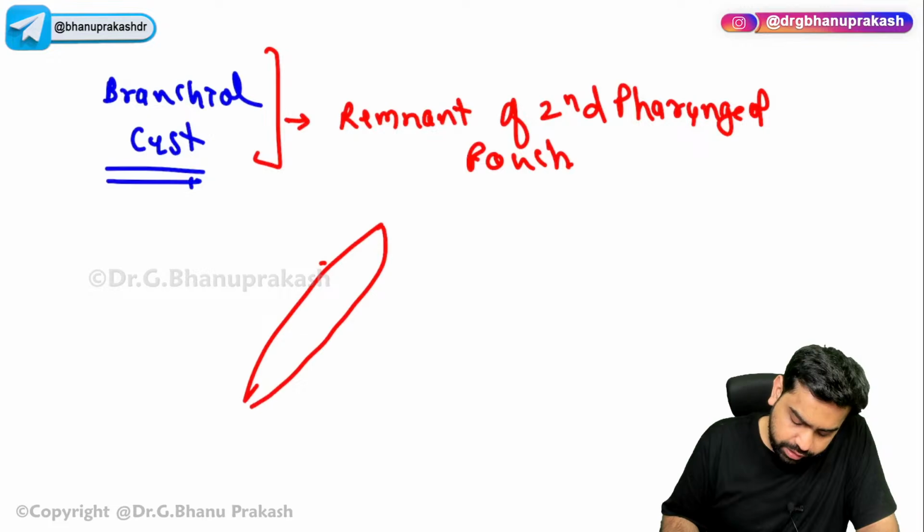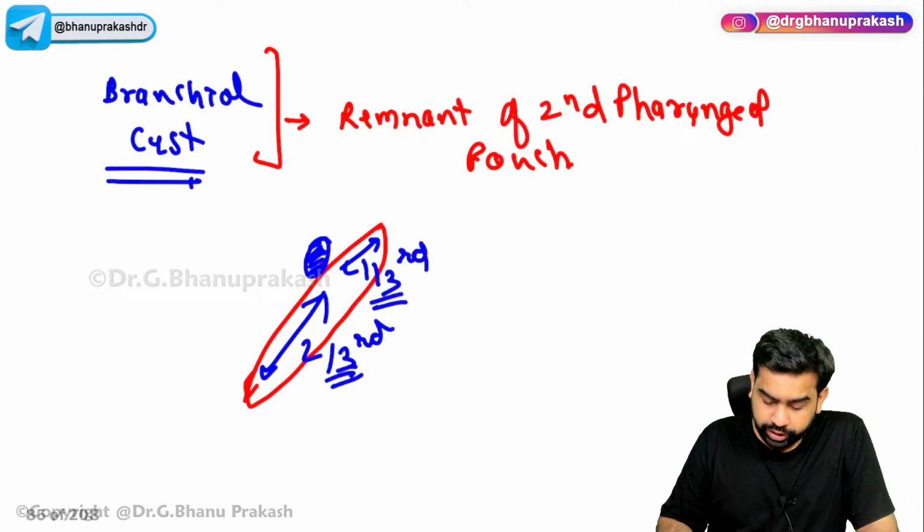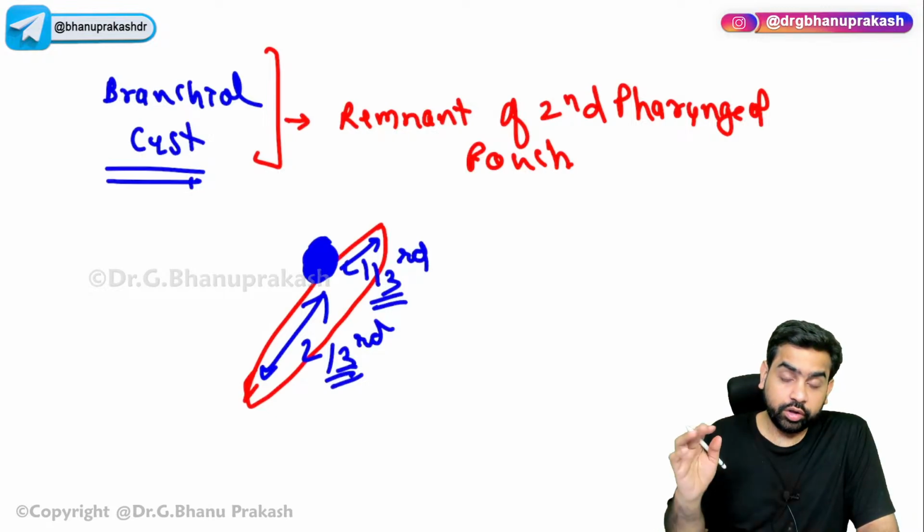Over here, what you need to understand is that there is a cyst which is present between the upper 1/3 and the lower 2/3, on the anterior border.